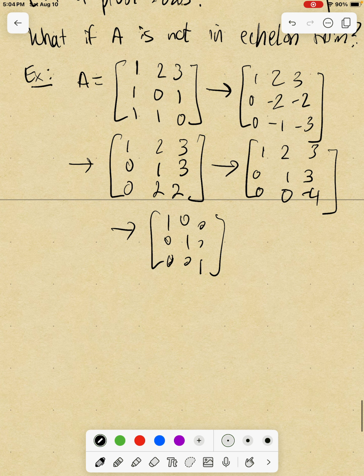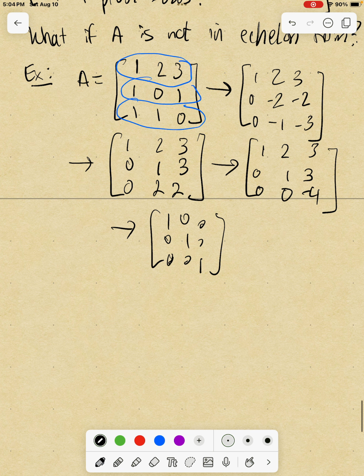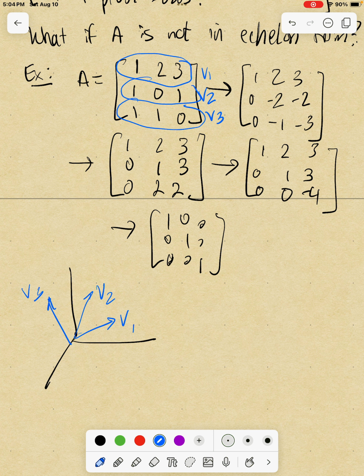Well, let's look at these 3 rows. Let's call this V1, V2, V3. So let's say V1 is this, V2 is that, V3 is that.